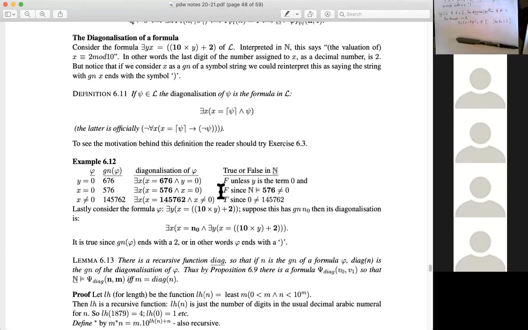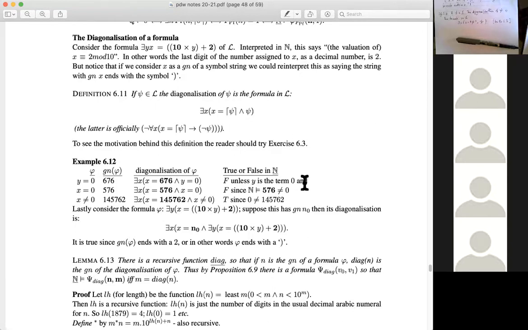This diagonalization is always false because x can't be 0 and 576 at the same time. Here's the code number for x not equal to 0. Again, the same idea: there is x such that x equals this numeral, and the formula x is not 0. And this is true, because in the natural numbers, 0 is different from 145762.